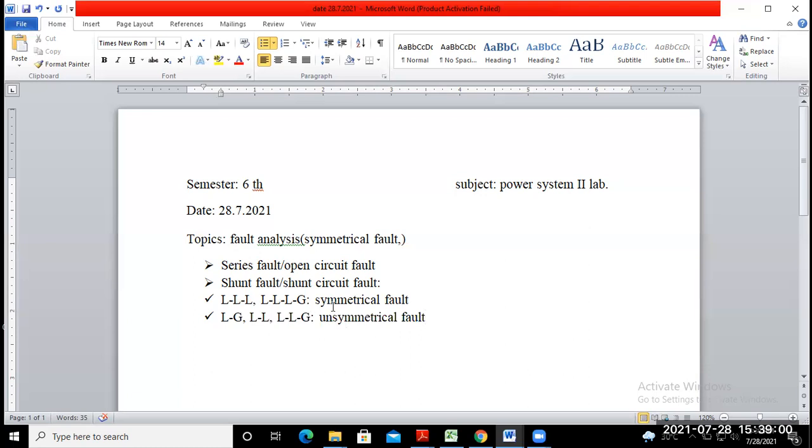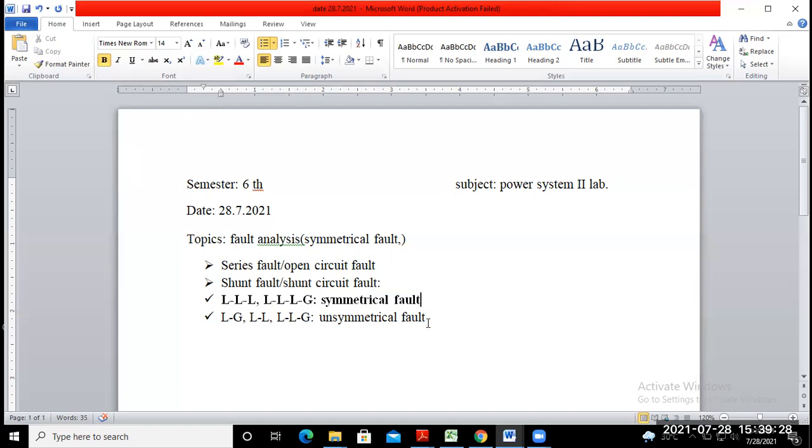So today we are going to discuss this symmetrical fault, meaning triple line fault or triple line to ground fault. What are the basic assumptions for calculating the symmetrical fault current?